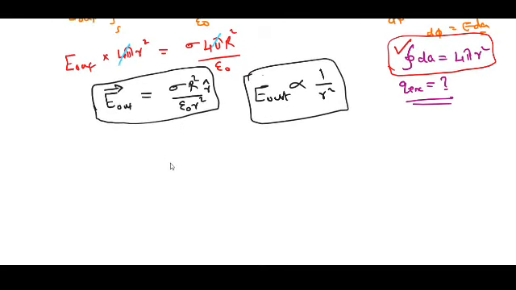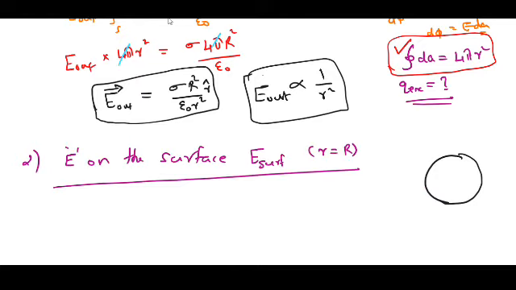Now the second case that we are going to discuss is the electric field just on the surface of the spherical shell. Just on the surface means our Gaussian surface lies exactly at the radius capital R, that is, r is equal to capital R. Then we have the tool, Gauss's law, E dot dA is equal to Q enclosed divided by epsilon 0.